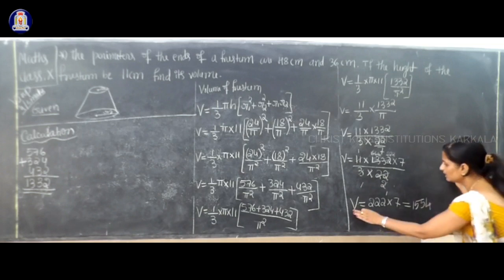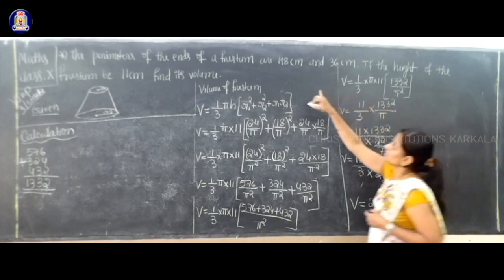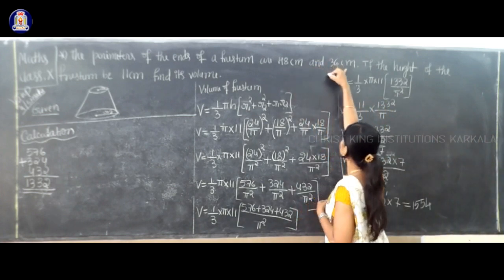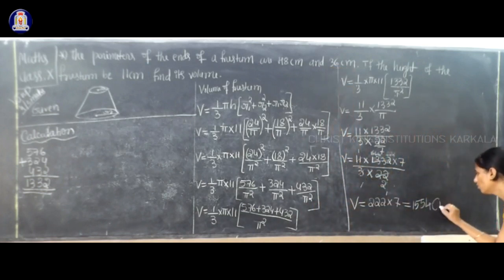So V is equal to 1554. What is the unit? The units here are 48 centimeter, 36 centimeter, 11 centimeter, so volume is centimeter cube.